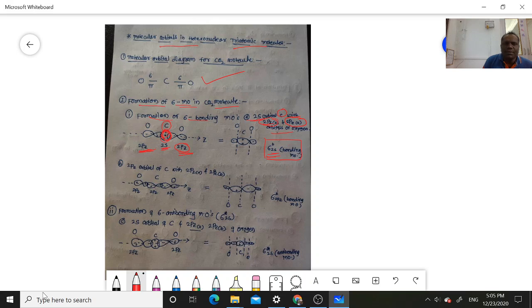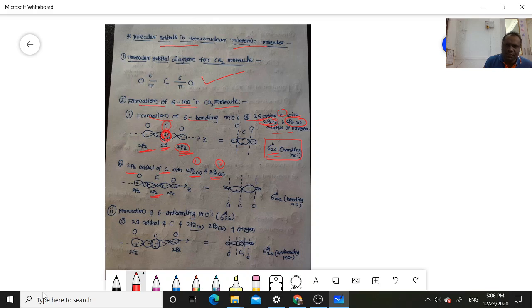Another type of bonding present in this molecule is the 2pz orbital of the carbon atom with the 2pz orbital of one oxygen atom, suppose oxygen atom number 1, and the 2pz orbital of the other oxygen atom, oxygen atom number 2.